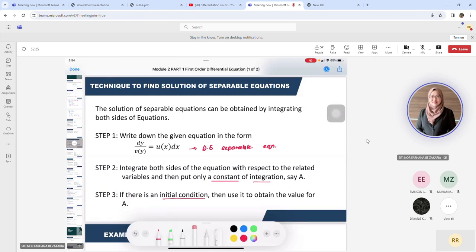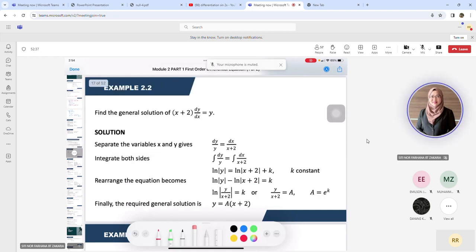Ada lagi method yang a bit complicated. You need to do until 5 steps. So this one is easy.